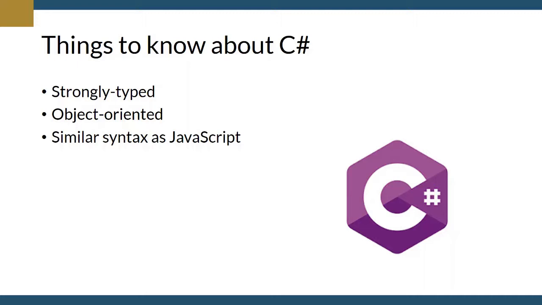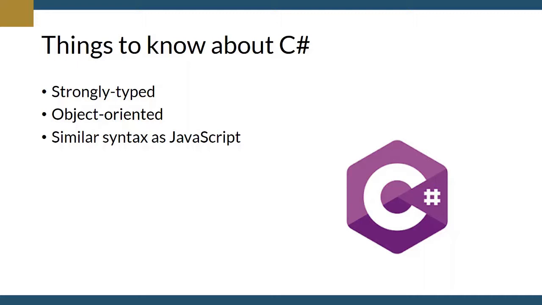Something else you need to know about: like most web development languages, C# is object oriented. That means you'll be working with objects, which is pretty good because JavaScript is also object oriented. So if you know the syntax to write JavaScript code, you pretty much know the syntax to write C# code.